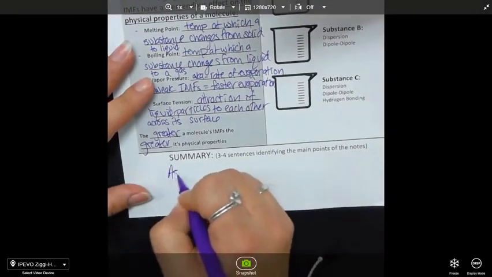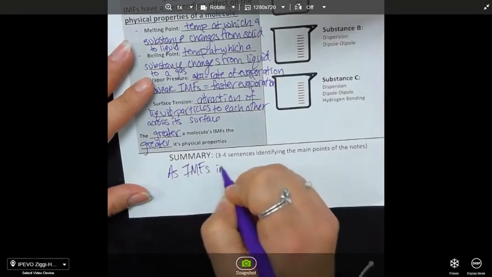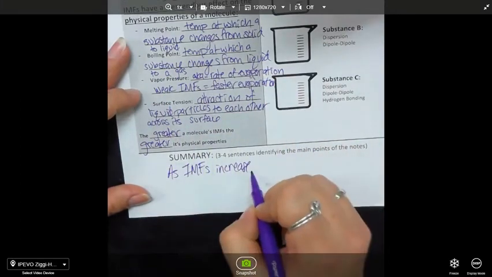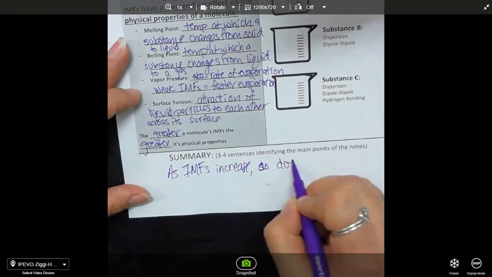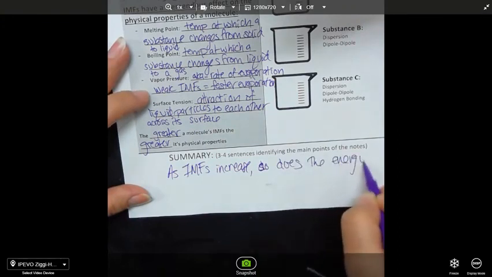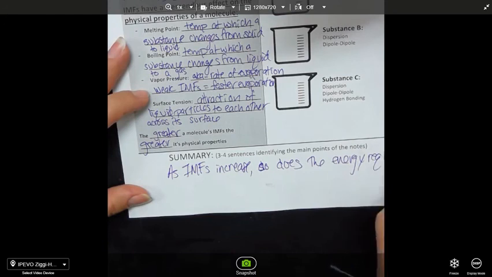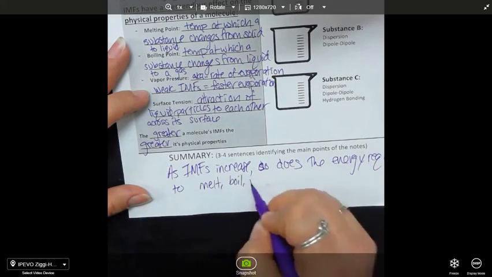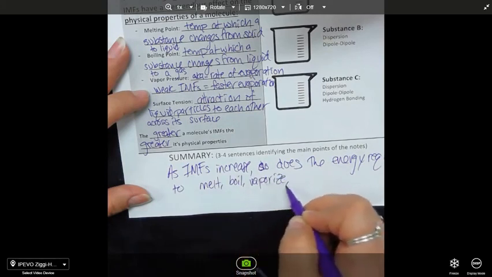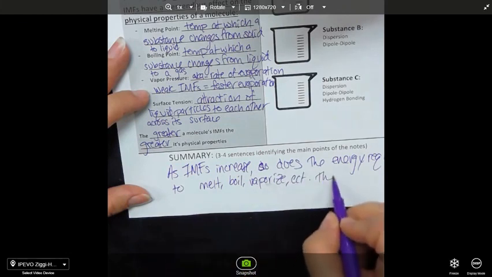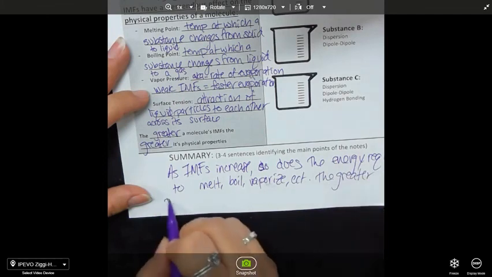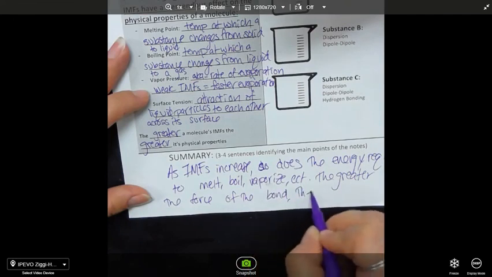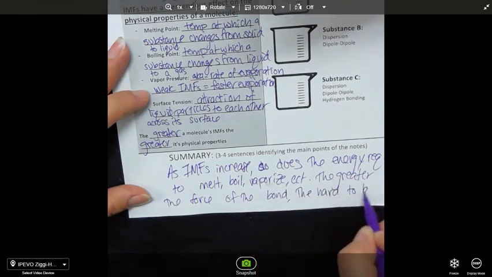All right, so to summarize, as IMFs, as intermolecular forces increase, so do the melting point, boiling point, and surface tension, and so does the energy required to melt, boil, vaporize, etc. The greater the force of the bond, the harder to break that bond.